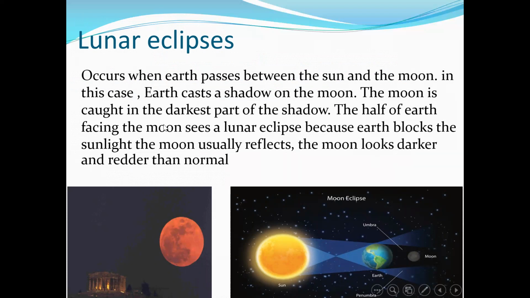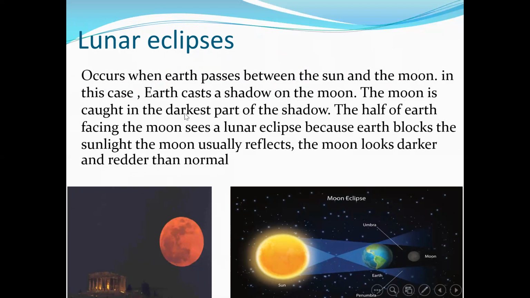The half of Earth facing the Moon, because now Earth is blocking sunlight to the Moon, and only a shadow is on the Moon. So the half of Earth facing the Moon sees a lunar eclipse.